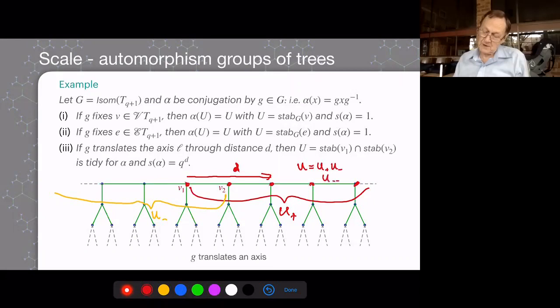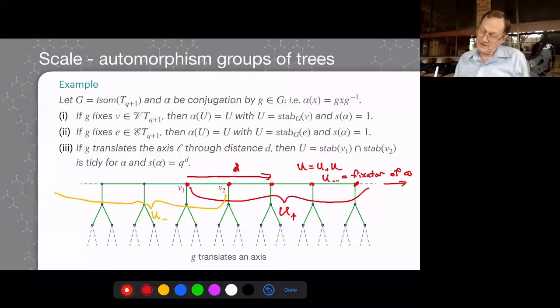and that U double minus is closed. Because U double minus is, perhaps I'll say, U double minus is the fixator of an end, which I'll call infinity, and I think this end is out here.